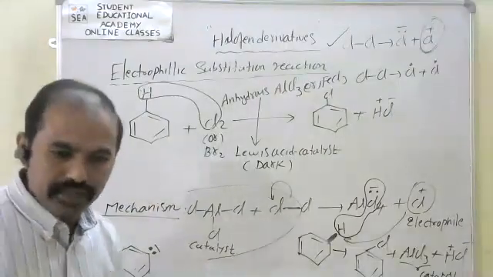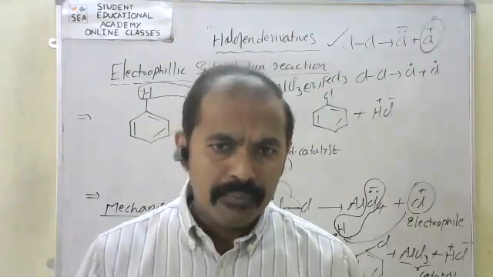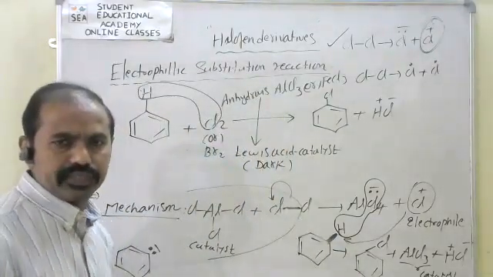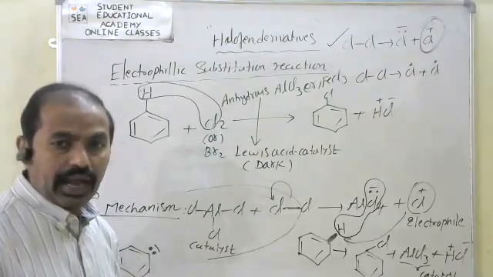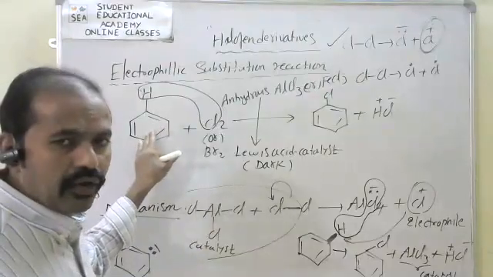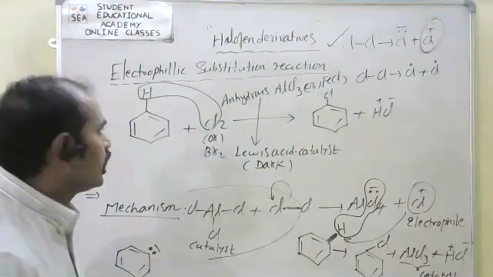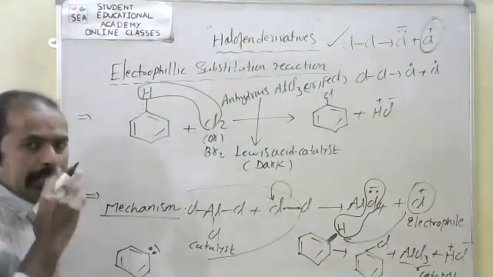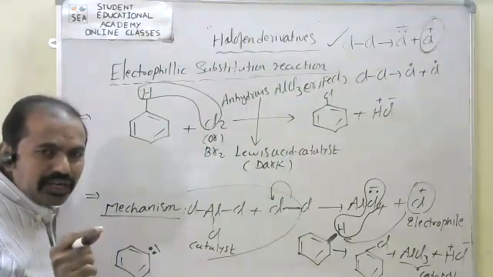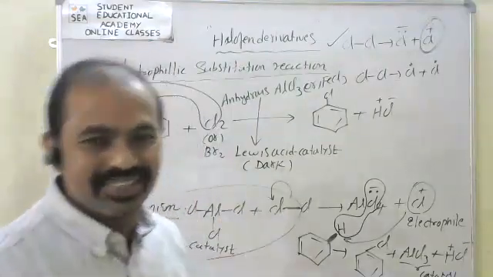Electrophilic substitution reactions. Generally in this reaction, on benzene I have not taken any compound. Now, if some groups are present on benzene, because of those groups the reaction takes place very fast.